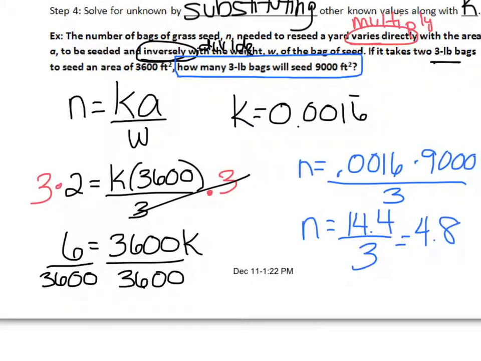So now the question is, how many bags? Well, can you have 4.8 bags? No, they're not going to let you do that. Could you seed it all with just 4 bags? No, you'd have a little bit left that you still needed to seed. So you would have to buy 5 bags.